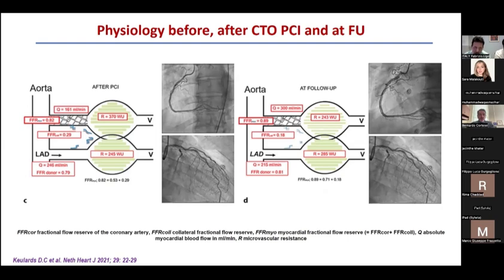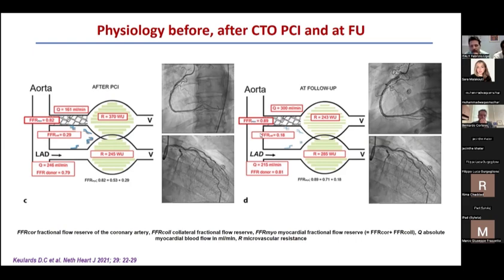After the PCI, when we put a stent, we have changes of physiology immediately and at follow-up. Immediately, we have a normal restoration of the flow of the occluded vessel. But when the flow arrives directly to the myocardium of the occluded vessel, we have a rarefaction, an initial passivization of the collateral, and a dramatic increase of the index of microcirculatory resistance.